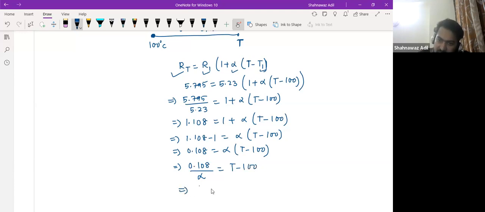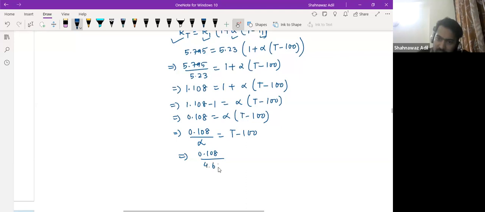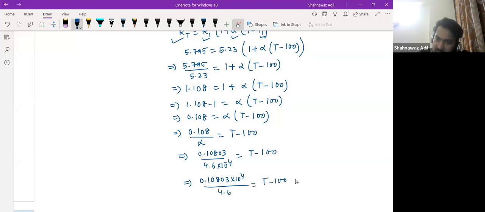Alpha is 4.6 times 10 to the power minus 4, so 0.108 divided by 4.6 times 10 to the power minus 4. This would become 1080 divided by 4.6 equals T minus 100.